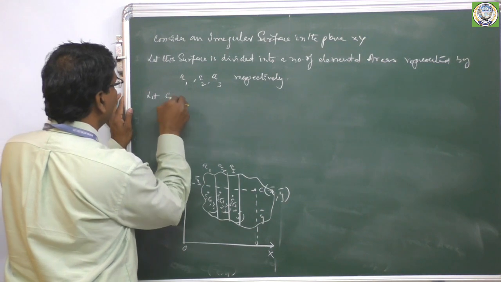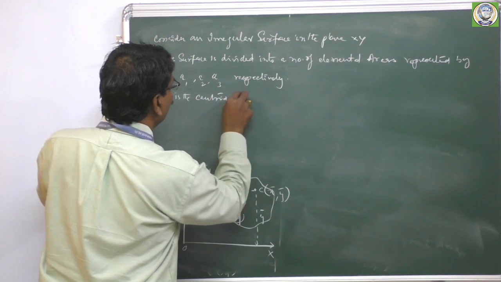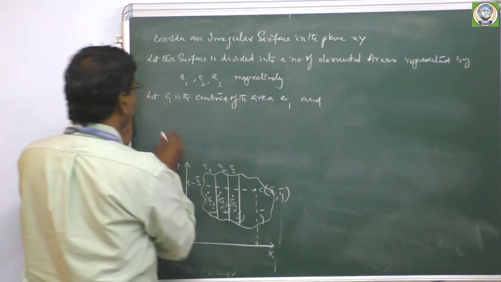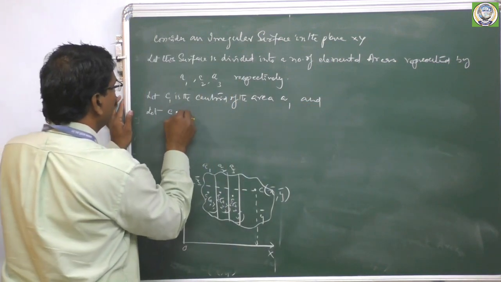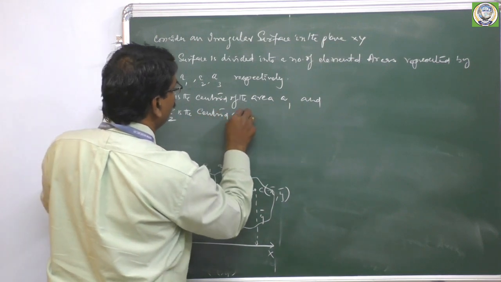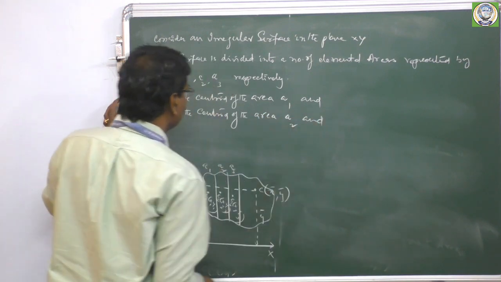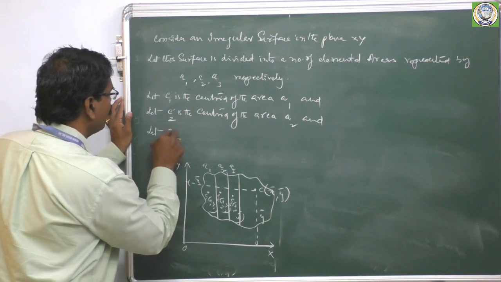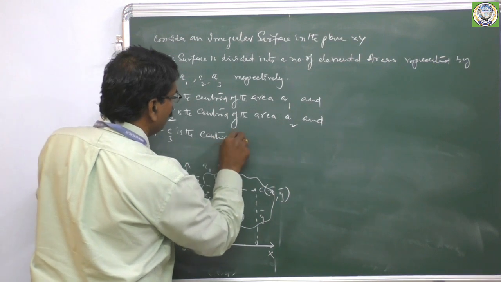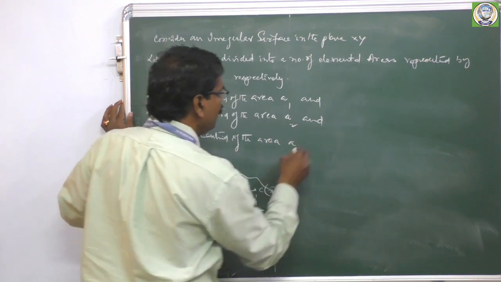Let C1 be the centroid of the area A1, and let C2 be the centroid of the area A2, and let C3 be the centroid of the area A3, and so on.